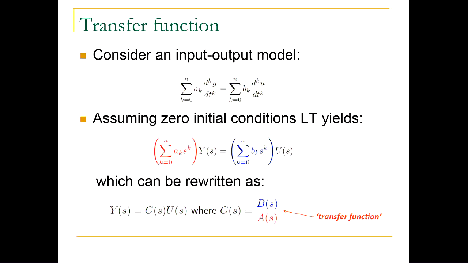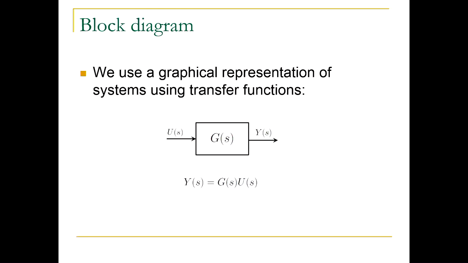Now, we would use this representation and this definition of transfer function for a range of different analysis and design tools. So how do we represent it using block diagrams? Well, we would put this G of S transfer function inside the block.